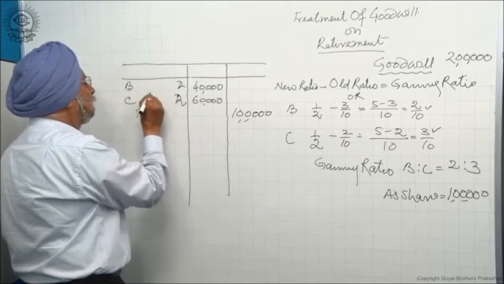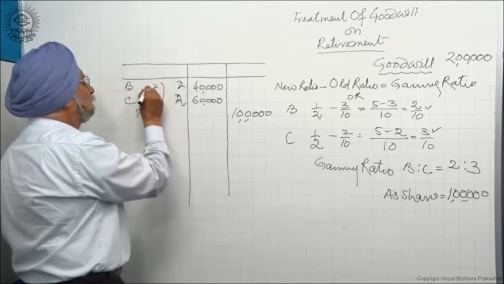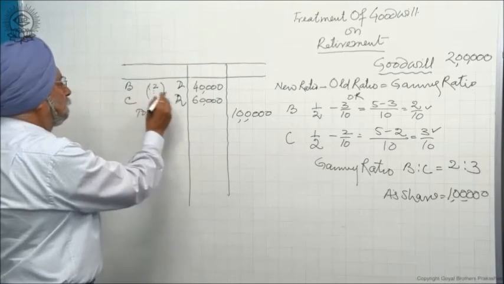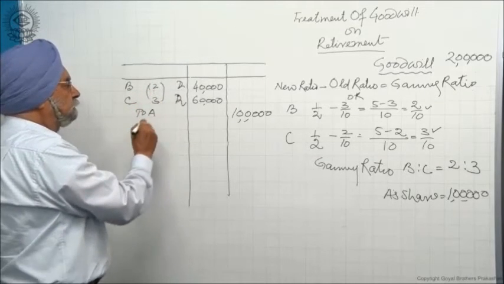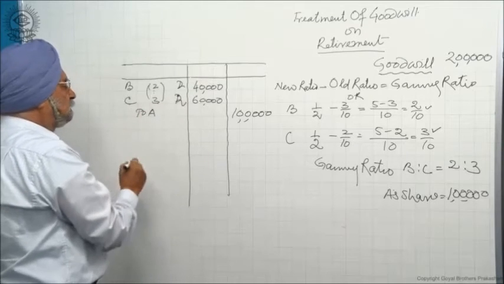B gained 2/5, C gained 3/5, so it is 40,000 and 60,000.